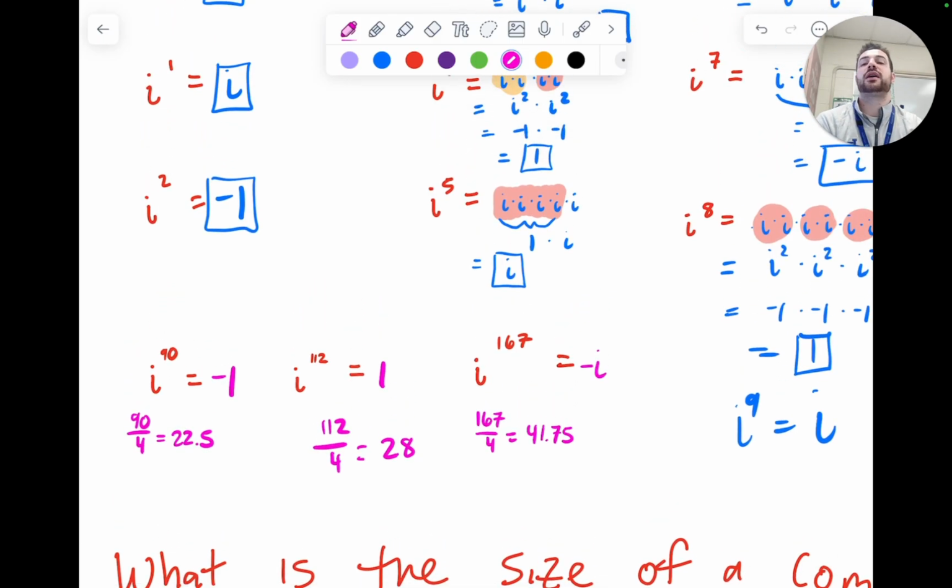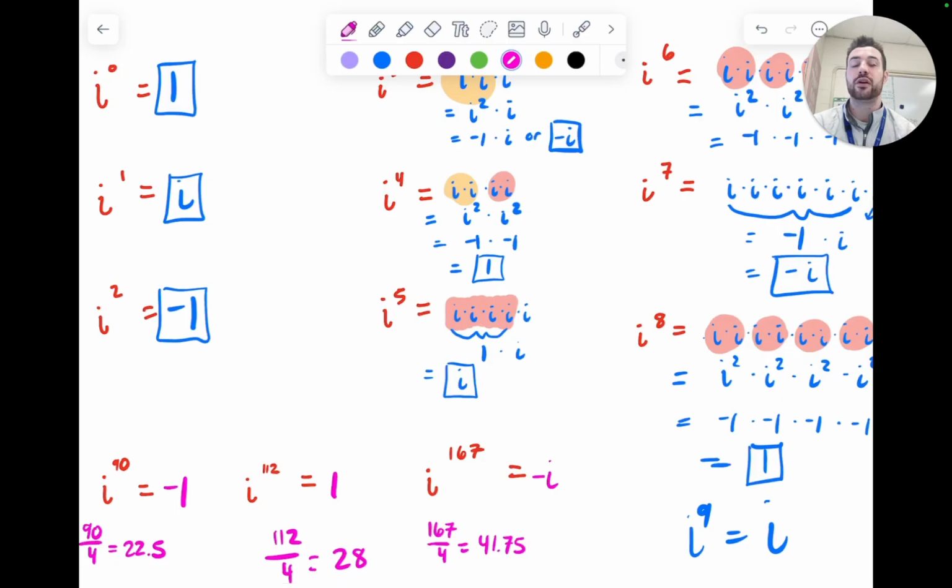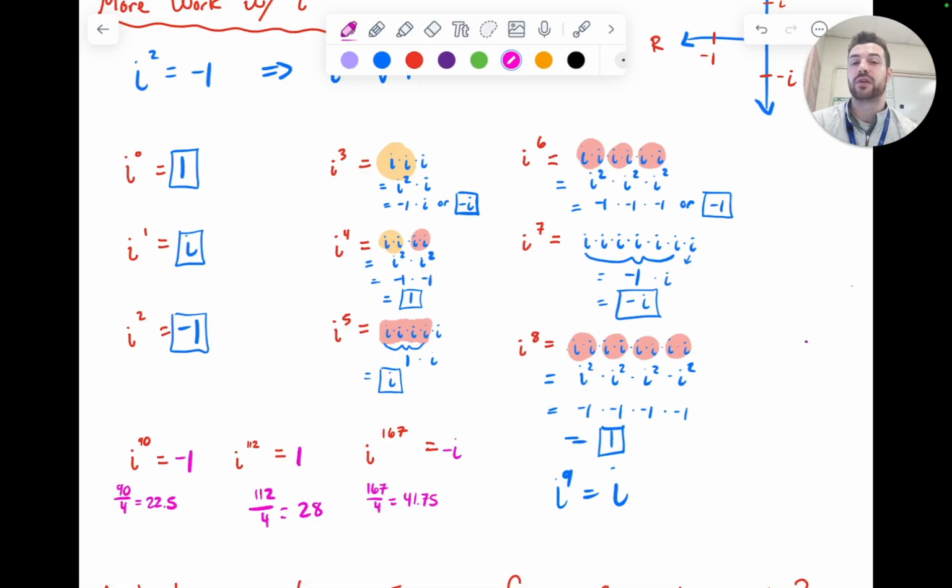Now you might want to say, okay, well, why are we doing this? Why does it matter? Eventually we're going to do some more operations on imaginary and complex numbers. That's going to require us to simplify i to different powers. We're kind of setting the stage now, and we're really just building a familiarity with imaginary numbers, specifically with the value of i.